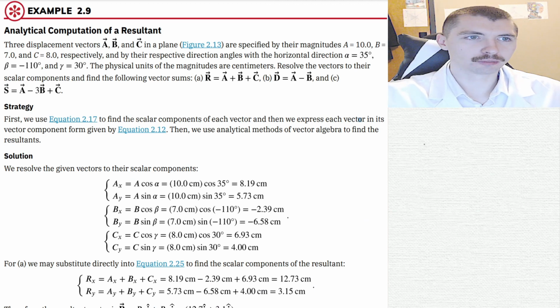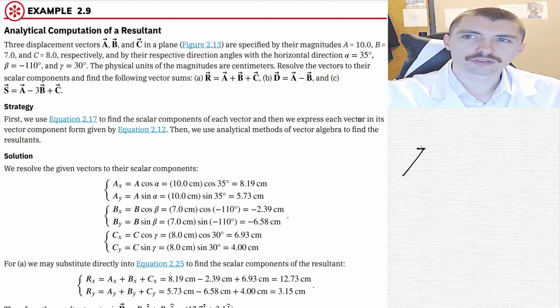All right, 2 minutes. I don't know if we can get far with this, but 3 displacement vectors lie on a plane. So we have their magnitudes and their respective angles. So we have 10 at alpha equals 35 degrees.